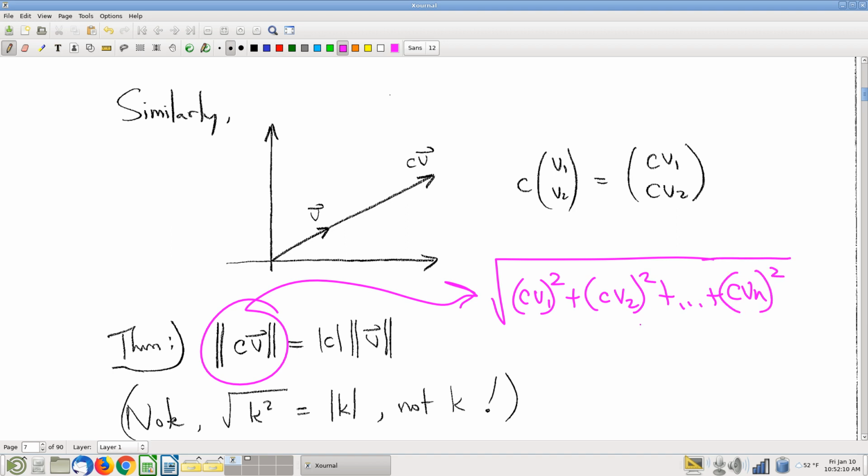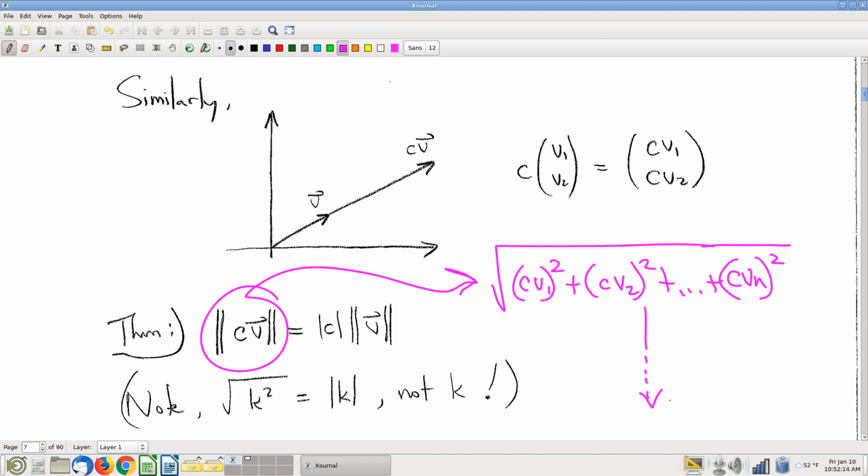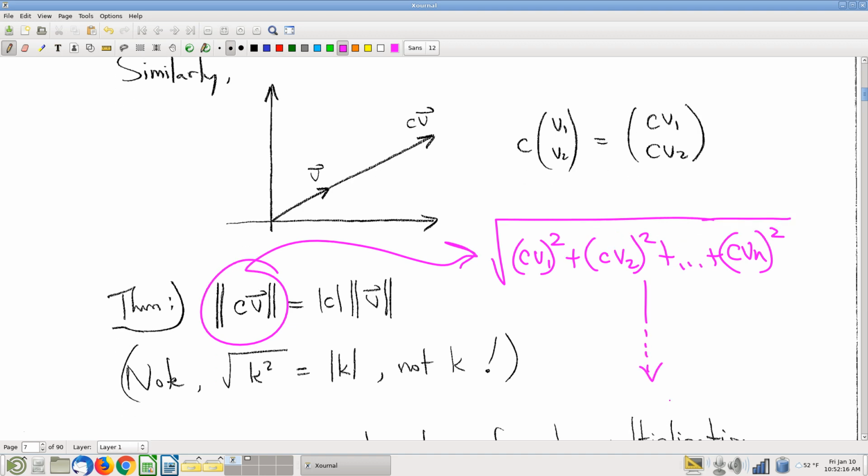And you can start rewriting that. What you'll find in the process of rewriting is that you end up with the square root of c squared on the outside of the original magnitude.